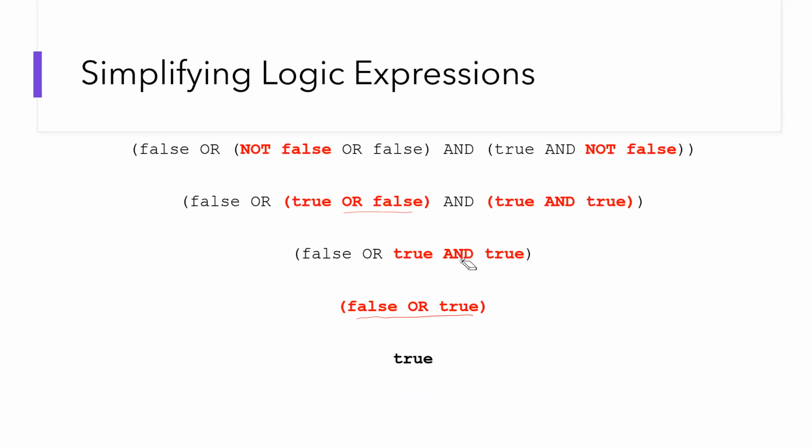And maybe you're thinking, is it really going to change the values? And maybe not in this case. So in this case, if I did this one first, that's false or true. I would evaluate to true, and then true and true also gives true for a final answer. So in this case, it wouldn't have made a difference, but there are cases where it does make a difference. So it is important to remember the order of operations.